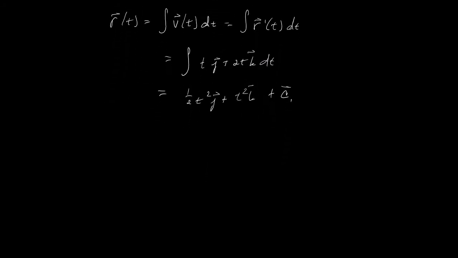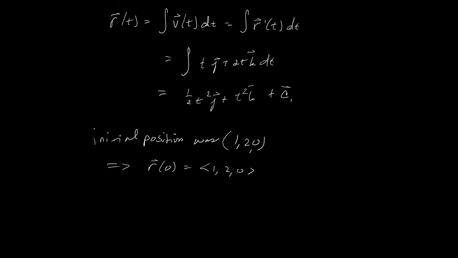All right, so now we need to figure out what is c. Well, we were given the clue that our initial position was the point 1, 2, 0. This means that our initial position vector was the vector 1, 2, 0. That's how we would have gotten to that initial position.